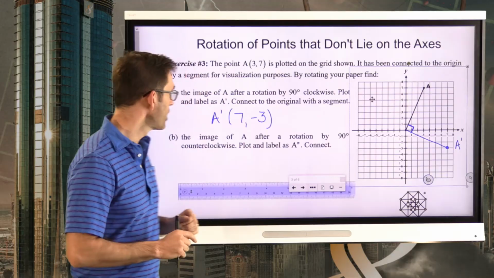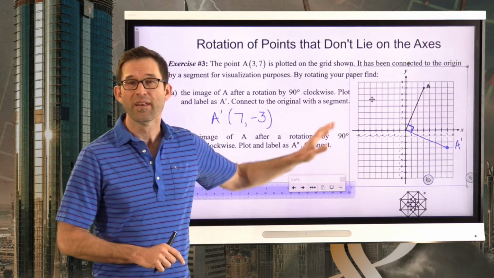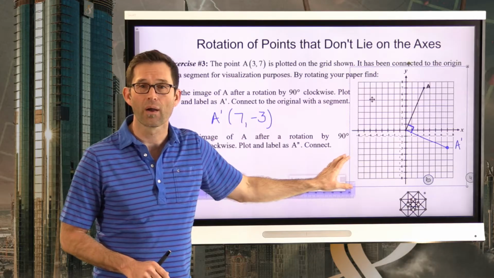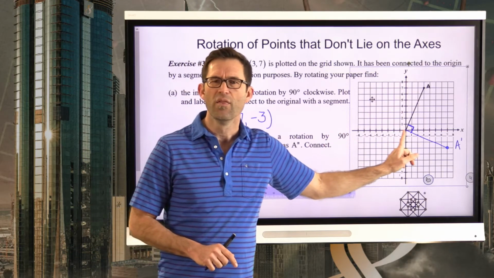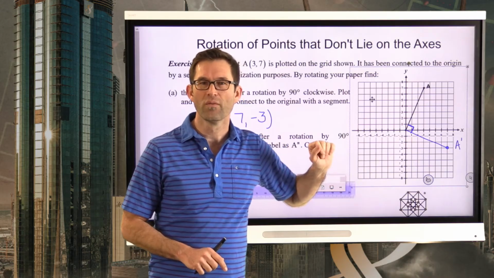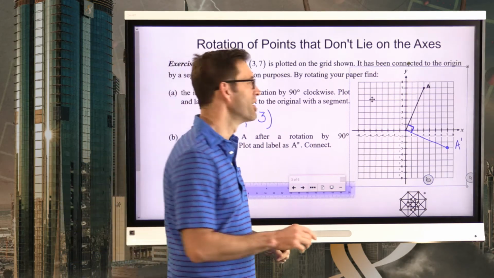Now, let's take a look at letter B. The image of A after a rotation by 90 degrees counterclockwise. Plot and label as A double prime, connect. All right, so same thing. Now I want to rotate it by 90 degrees counterclockwise. One of the weird things is that this segment and A prime and even that little right angle symbol are not going to move as I rotate my paper. Normally they would, on your paper.